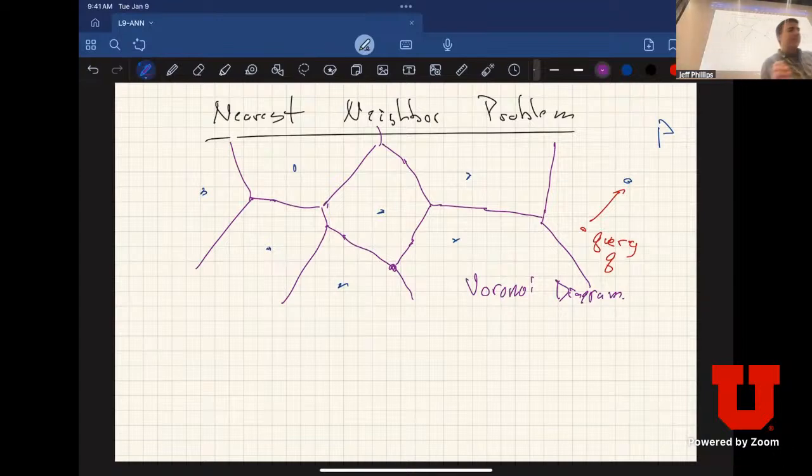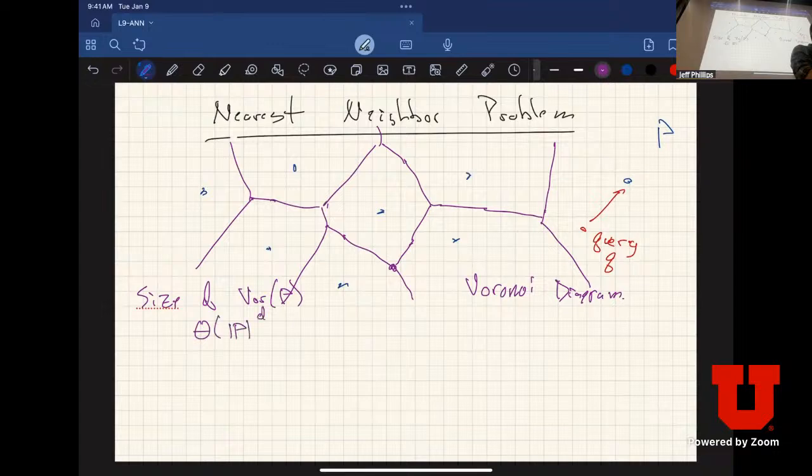The problem is that the size of the Voronoi diagram of P is going to be roughly the size of P to the D over 2.